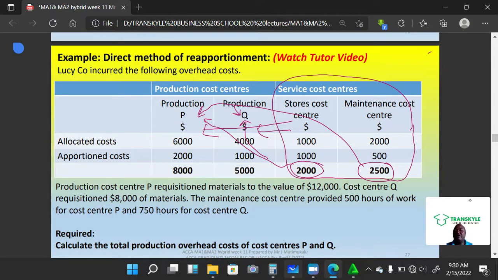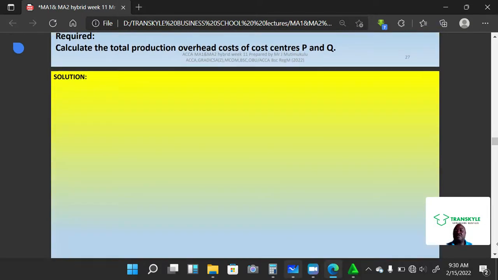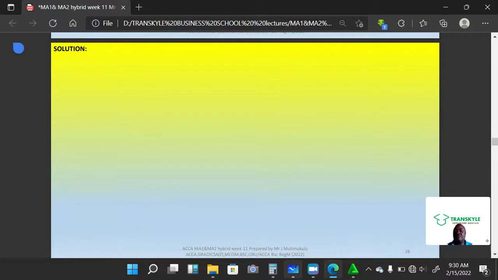So how are we going to do that? Let us just come up with a table. We have got the service cost center. Don't worry about my writing.